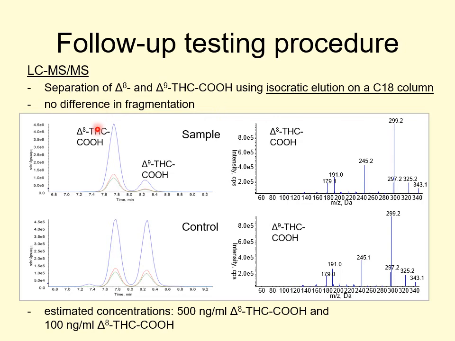One could be assigned as Δ8-THC carboxylic acid and the other one as Δ9-THC carboxylic acid, compared to certified reference material. The fragmentation pattern of both substances is the same, as you can see here. The concentration of Δ8-THC carboxylic acid was estimated to be 500 nanograms per ml, and the concentration of Δ9-THC carboxylic acid to be 100 nanograms per ml.